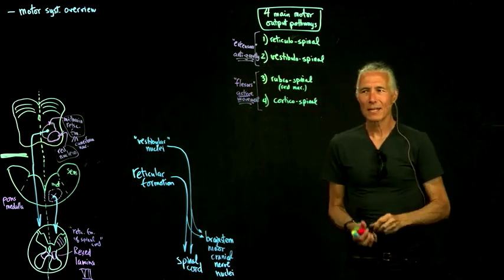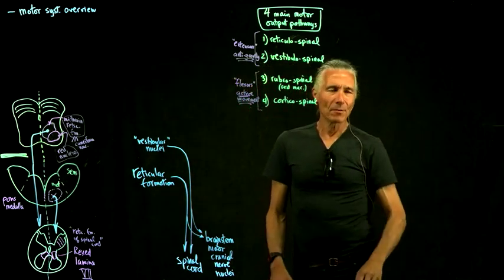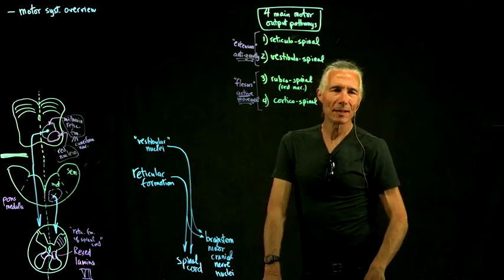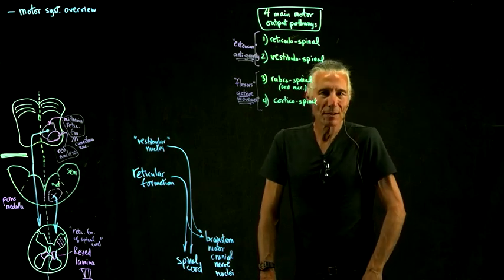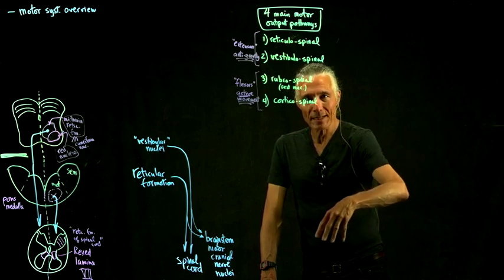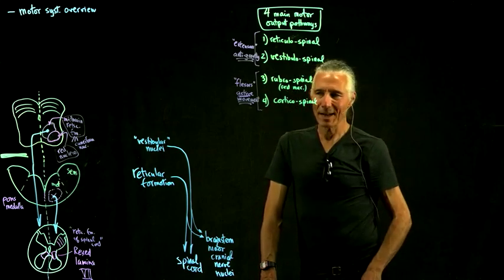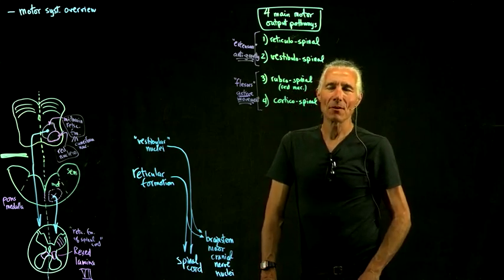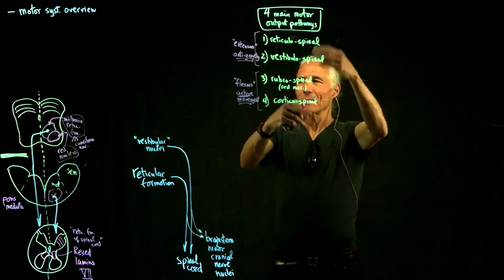So in the case of a cat, when a cat is walking around, when it's pushing off the ground, it's doing anti-gravity. But when it lifts its paw up to make its next step, that's an active movement. So you can see these systems cycling back and forth very rapidly.